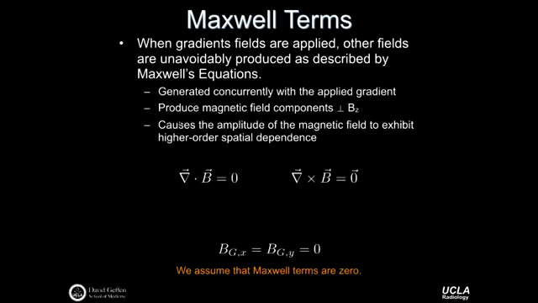And they do, in fact, produce magnetic field components that are perpendicular to B0. You're going to be pushing your magnetic field to not point along the z direction, but maybe slightly off of it. This causes some problems, but the effects are pretty subtle, so there are only certain circumstances where we have to account for these things.